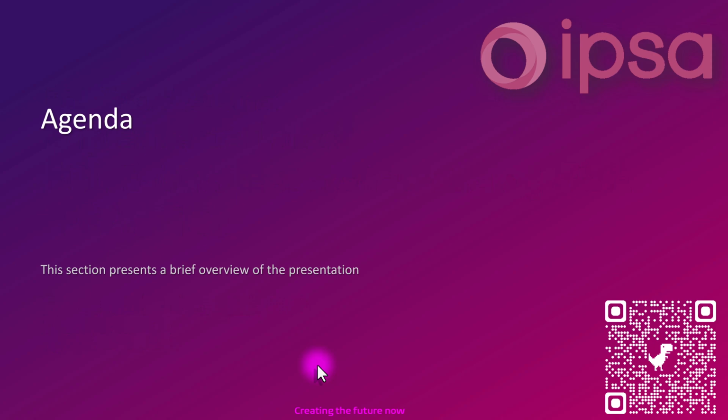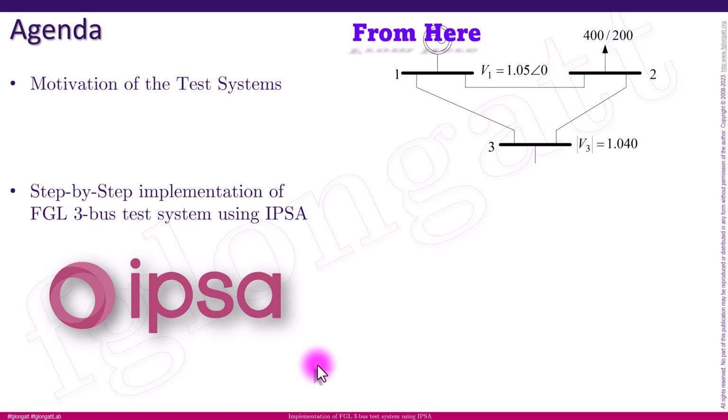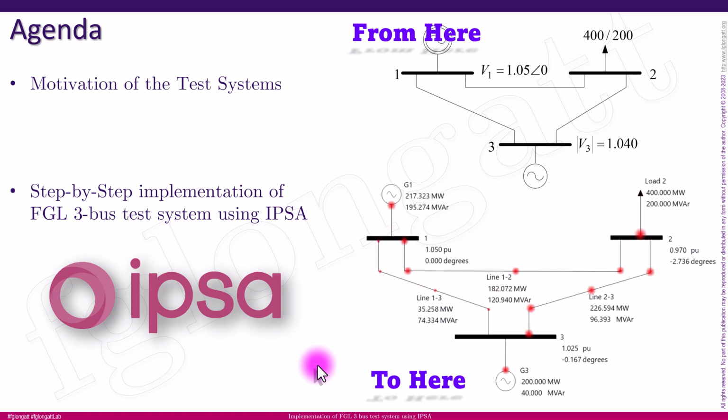And the agenda, well, the agenda is very short. We will start with a very short motivation about the test system and specifically the FGL test system. I will show you the step-by-step implementation using the software IPSA for this beautiful FGL bus system.